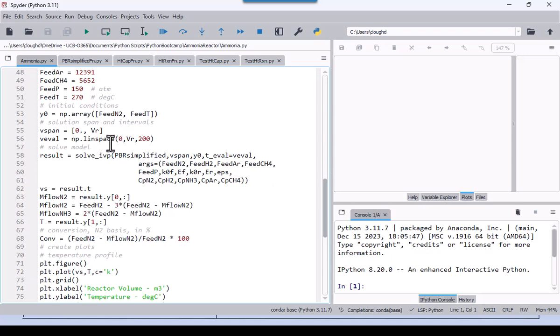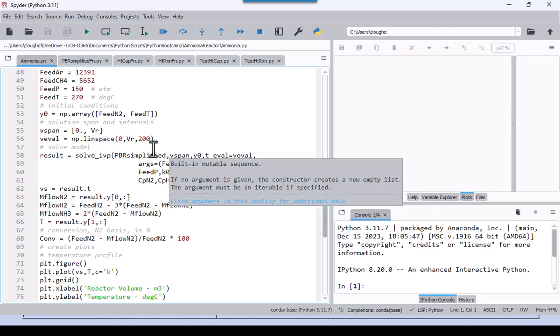And here we form the statement that allows solve IVP to develop our numerical solution. And you'll notice the first argument is something called PBR simplified, and that is our routine that computes the derivatives of flow, nitrogen, and temperature.